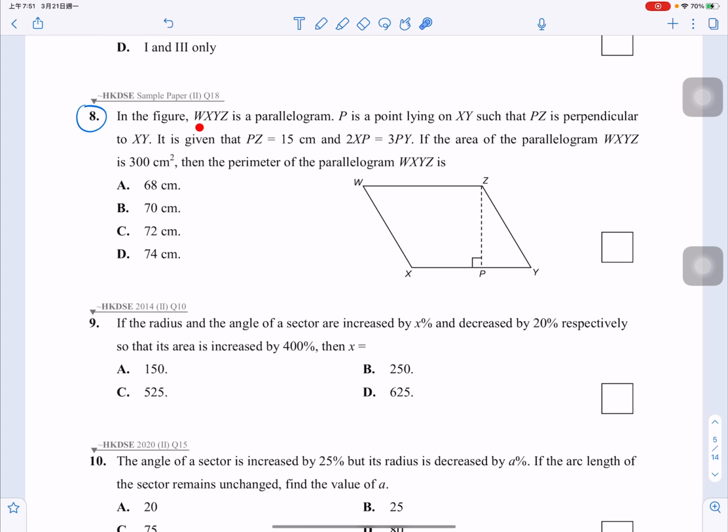In the figure, WXYZ is a parallelogram. P is a point on XY, such that PZ is perpendicular to XY. It's given that PZ is 15 cm, and 2XP equals 3PY. Here you can use a ratio.